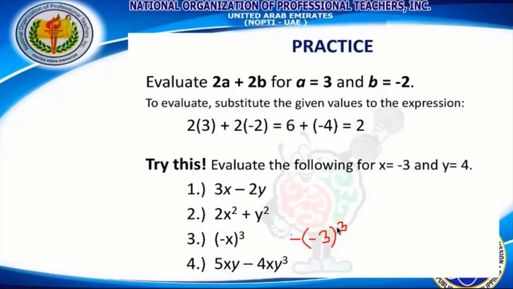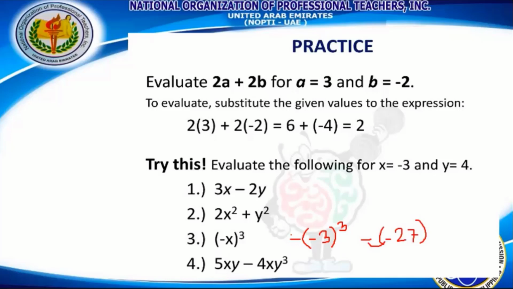Diba? So, pwede mong ipasok dito yung 3 kasi ang exponent ni negative 3 is 1. So, magiging negative 3 times negative 3 is positive 9 times negative 3 is negative 27. So, magiging negative 27. So, negative times negative, positive. So, positive 27. Correct? Okay.